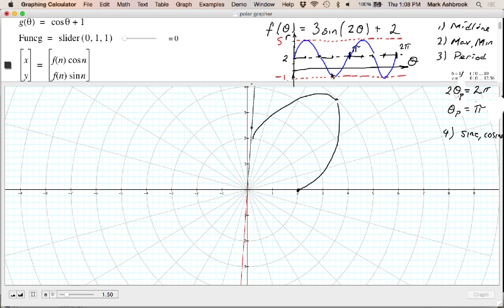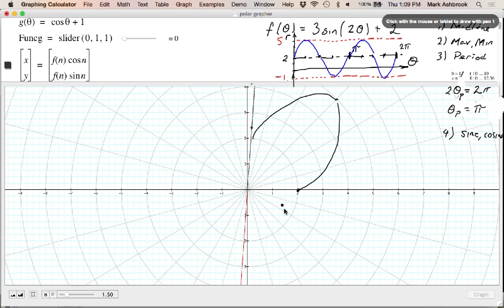It goes to -1, so somewhere in there it's going to hit 0. That means at some angle between pi over 2 and 3 pi over 4, it's going to decrease and get to 0, and then by the time we get to 3 pi over 4, it's going to be at negative 1.